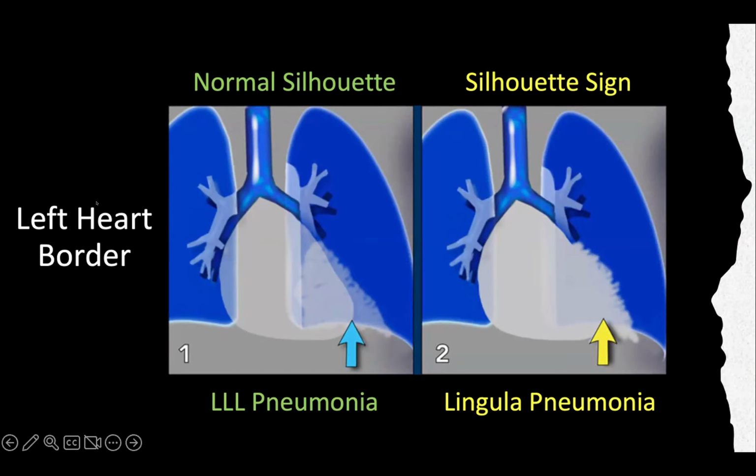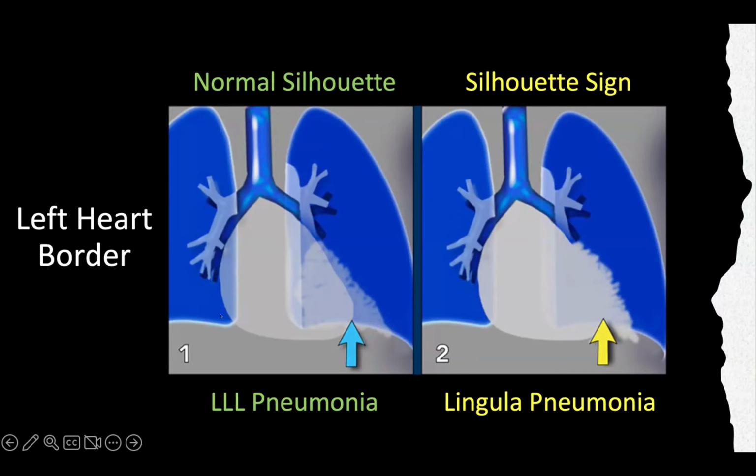And this is an example in the left heart, where if that opacity is not actually silhouetting the left heart border, you still see a normal silhouette, you still see a sharp border of the left heart, then this must be located in the lower lobe, because what is bordering the left heart is the lingula part of the left upper lobe.